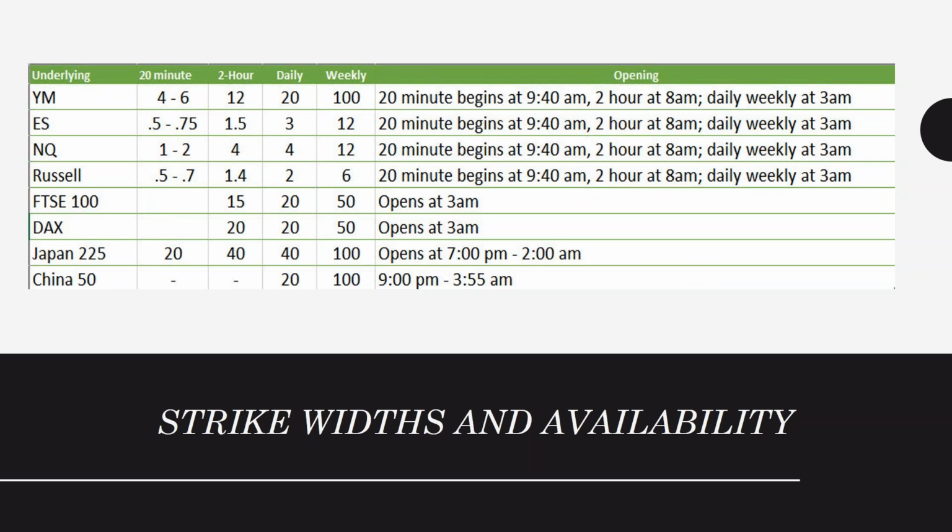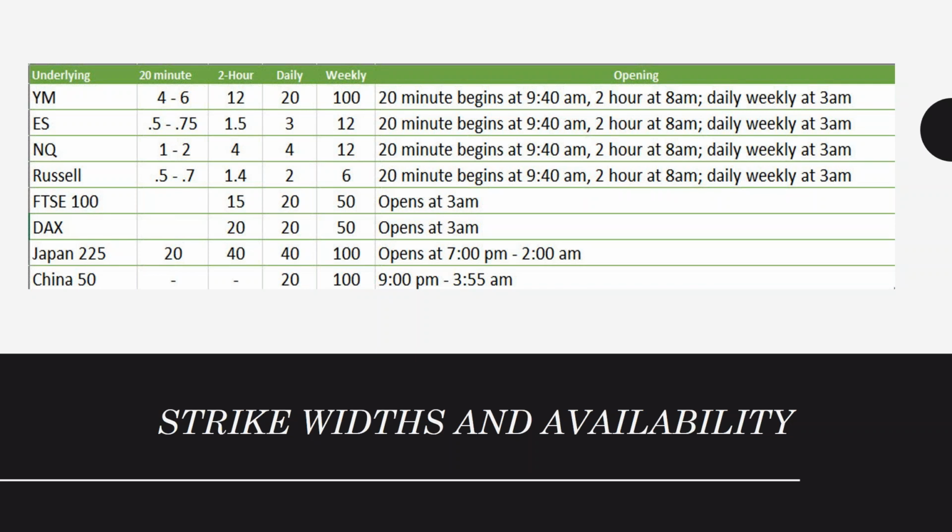The FTSE and the DAX do not have 20-minute binaries. The lowest you can go on these two, which are European indices, would be 15 points and 20 points, and that is on the 2-hour binary. Both indices have a 20-point strike width on the daily and a 50-point strike width on the weekly.